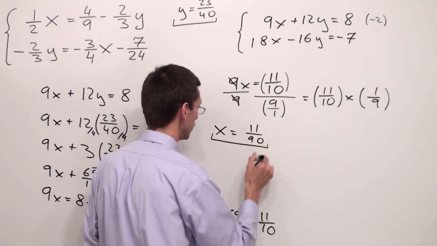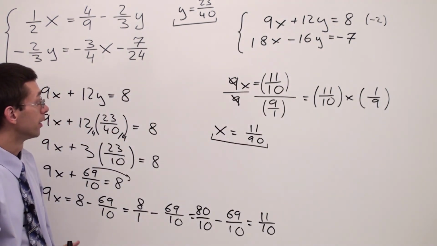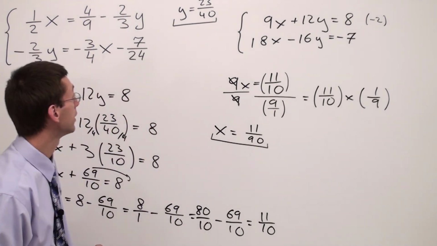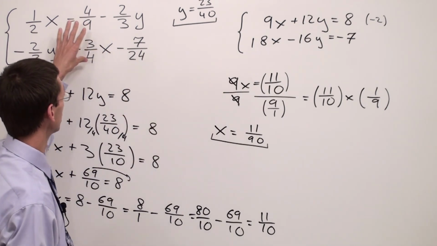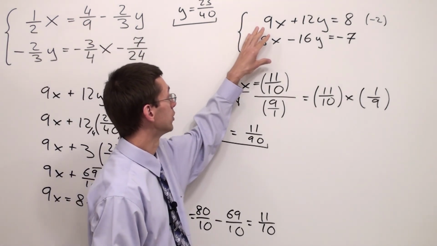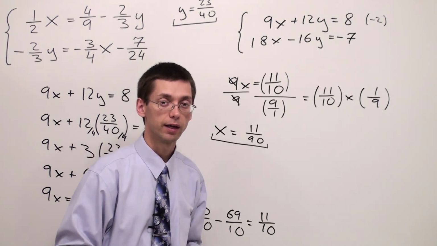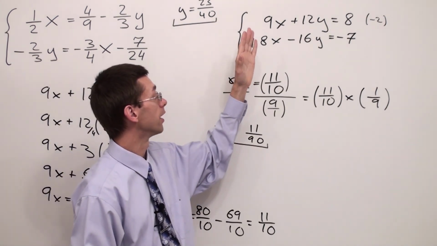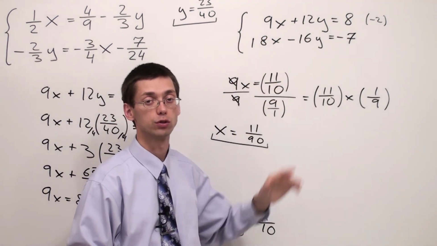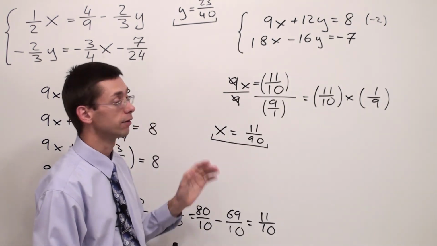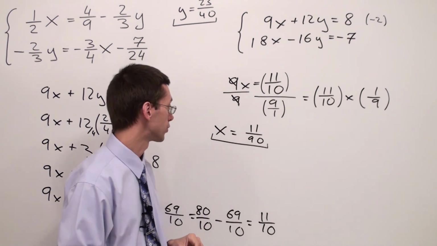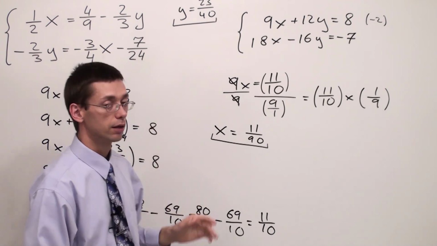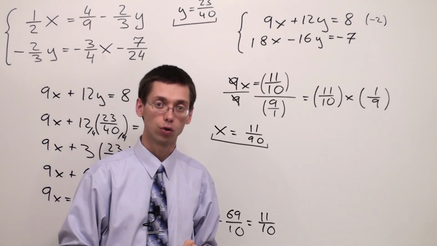This is the value of x. If you want to verify that your answer is correct, you're supposed to plug these values into the original equations, or you can apply them to the simplified equations. And you're supposed to notice that the value of the left side of the equation is going to be equal to the value of the right side. I found out that these two values are correct.